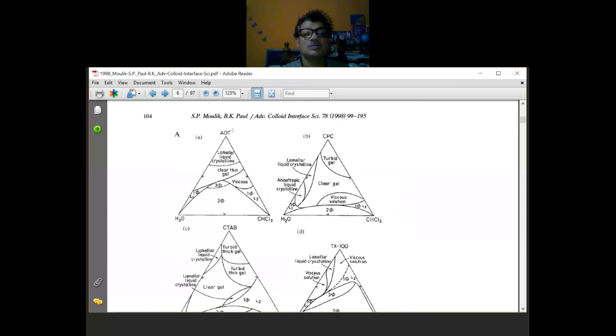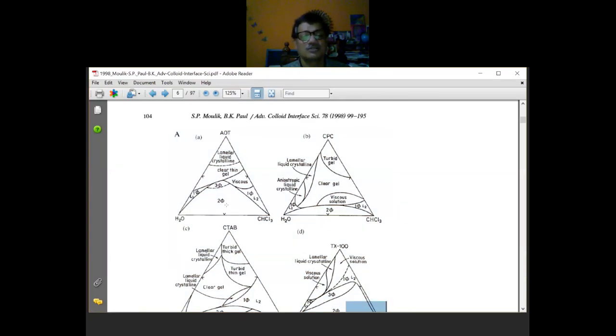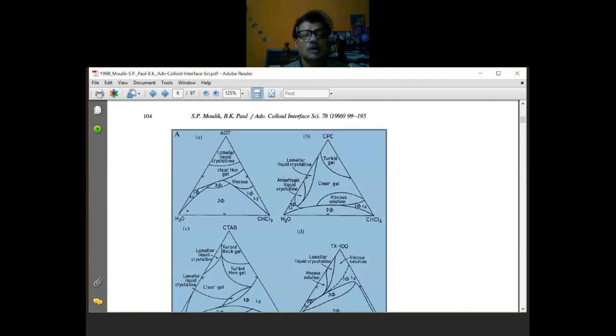Here, if you could recollect, there is 100%. AOT is a surfactant, forget about them. So they are all surfactant. Surfactant, water, and oil. If you move from here to this water, here it is 100% water. And if you move across this line, here you get 0% water.